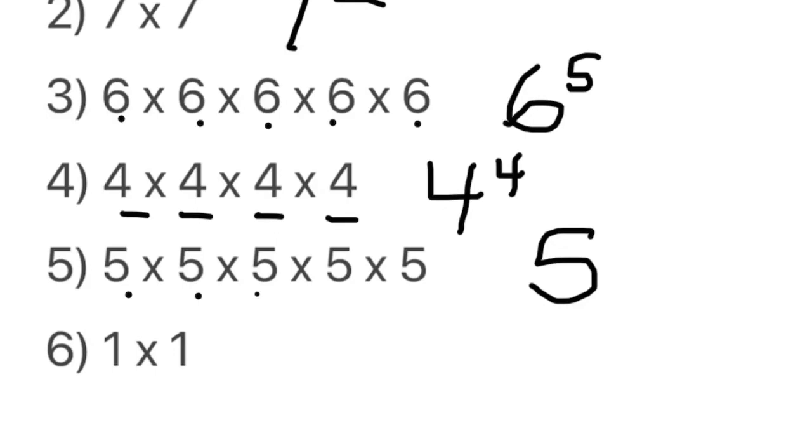And we have 1, 2, 3, 4, 5 of them. So we have 5 to the power of 5, and that is our exponent. One more, try number 6. So on number 6, the number we're multiplying is 1, and there are 2 of them, so our answer is 1 squared. All right, this is easy.